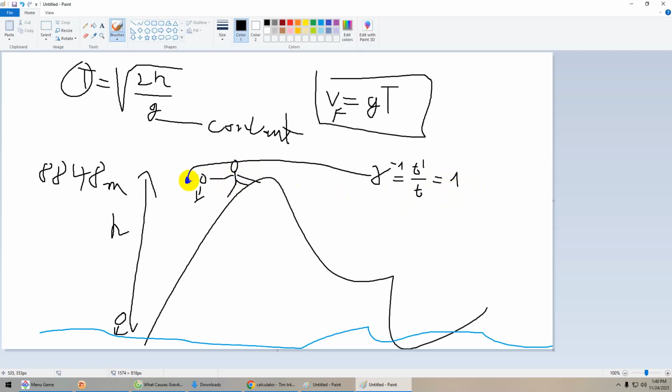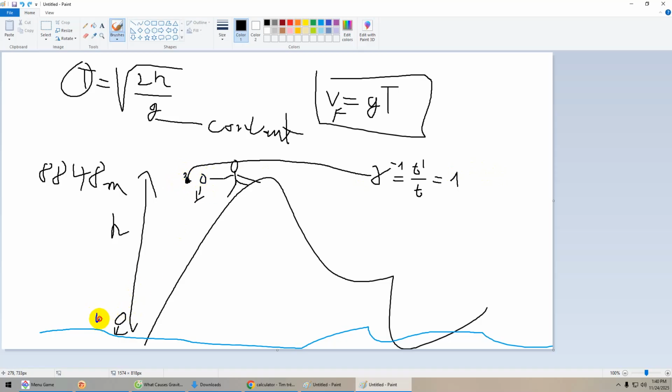The point here is the point where we drop the ball to the ground. When the ball is released, it's in free fall. At this point, gravitational time dilation between two infinitesimal points here will be equal to 1, because we are comparing time flow right here to time flow right here.